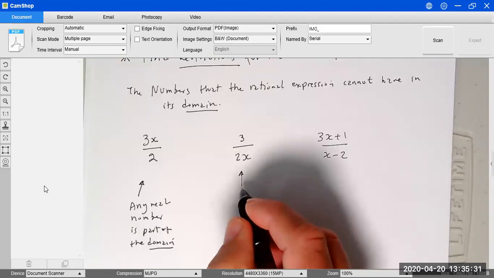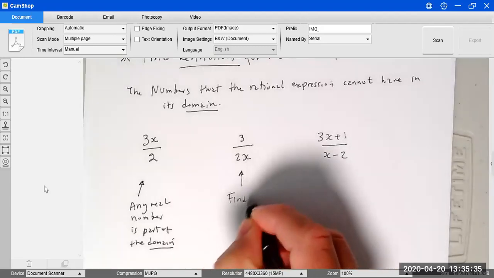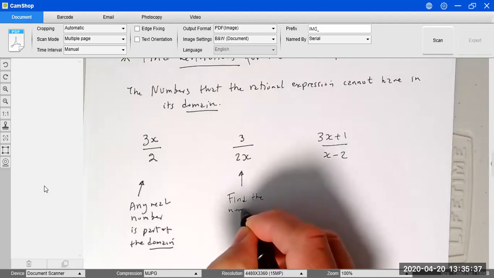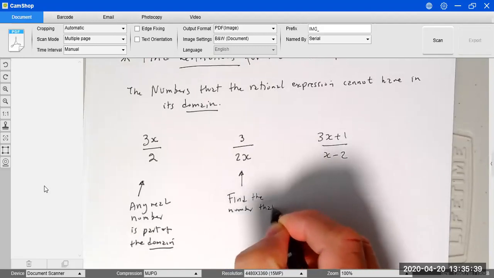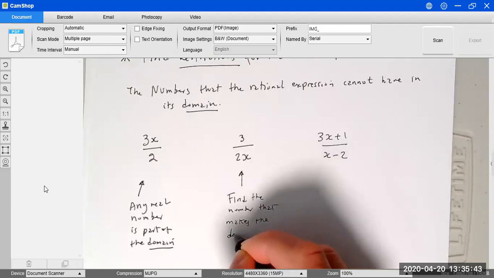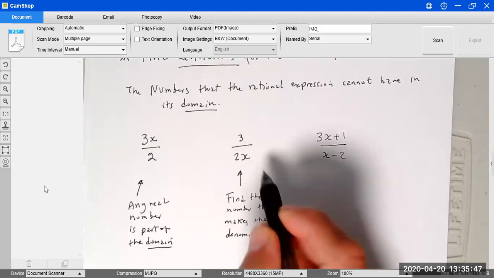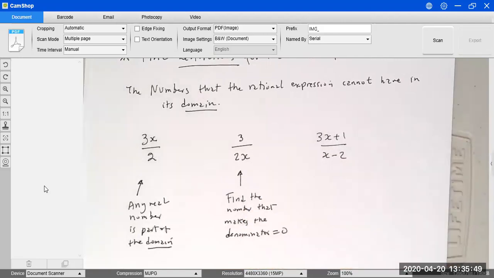So our task in this part of the section is going to be, we need to find the number that makes the denominator equal to 0, because if you divide by 0, then you get an undefined result.